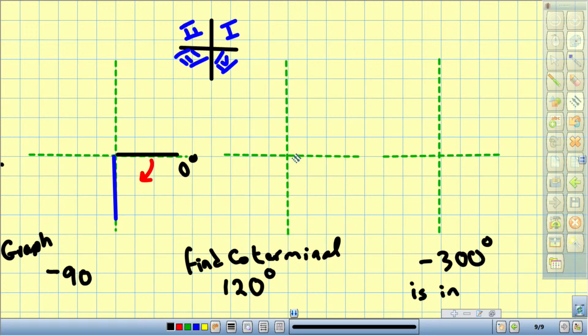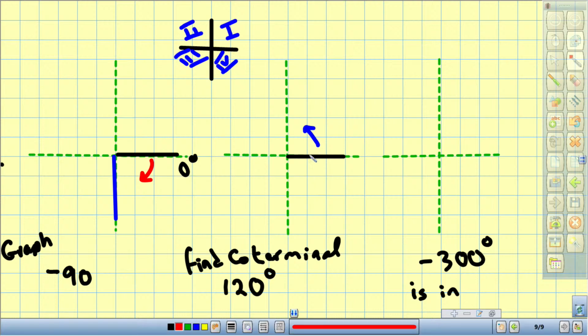There's two names for that, either initial or terminal. Yep, initial. So I'm gonna start with that terminal. Do you think I'm going to go clockwise or counterclockwise? Should I go up or should I go down? Counterclockwise, against the clock, Armani. It's positive. That means you go this way.